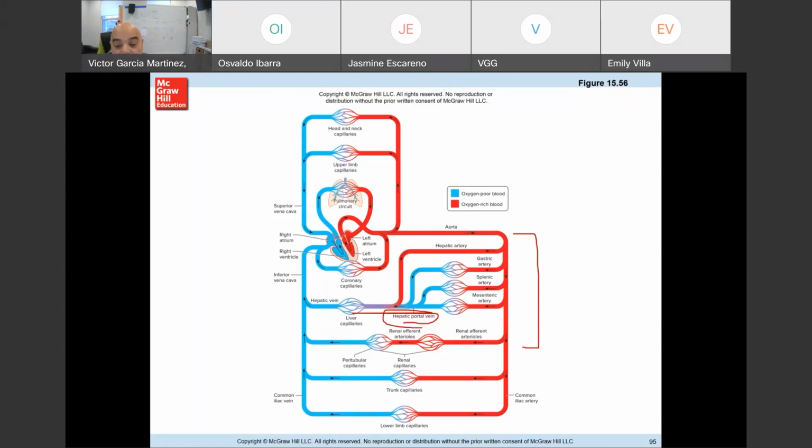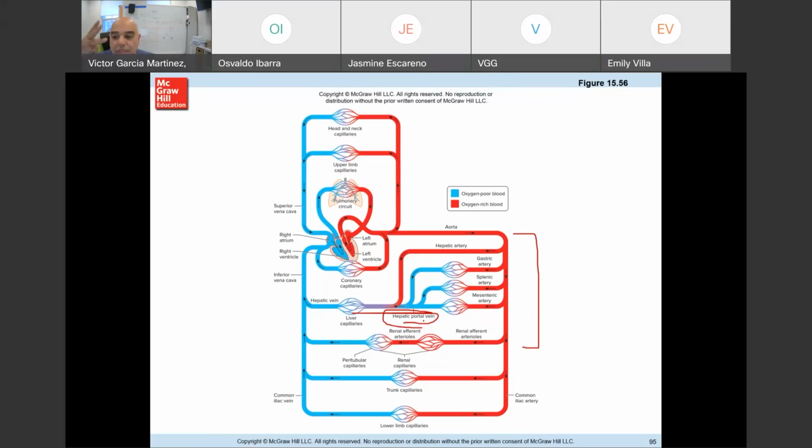You're receiving deoxygenated blood from your stomach, your spleen, your guts, and you're going to filter it through the liver. Because if you receive any drugs, any toxins, any food, you need to metabolize it through the first pass through the liver, and this is called the portal system.